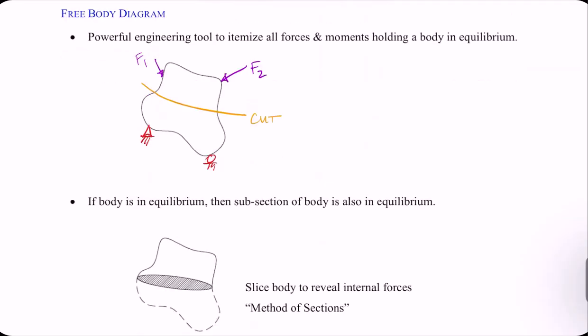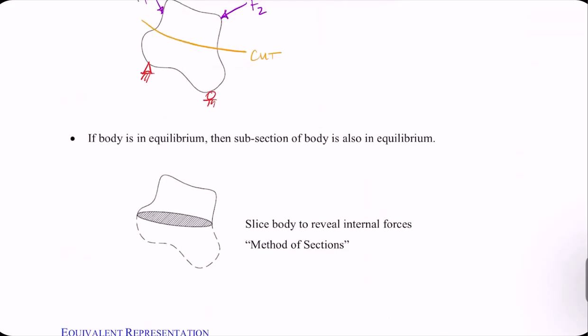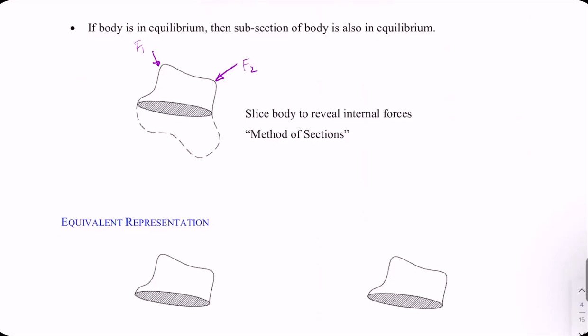If this overall body is in equilibrium, then any cut I make on the body is also in equilibrium. Cut this, we are still going to see those externally applied loads that we saw, and then we will see internal forces when we cut. So we need to draw some internal forces and moments here if we cut the body.